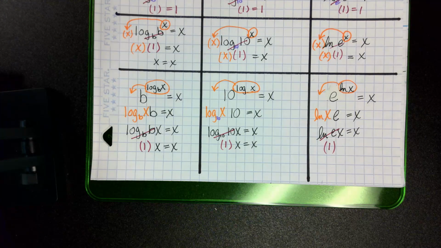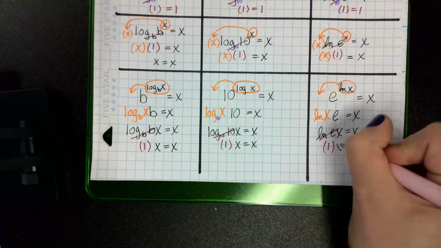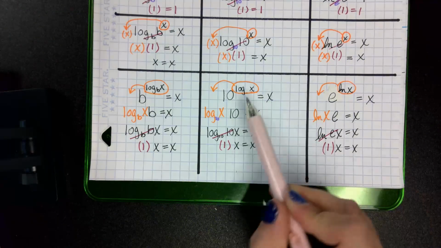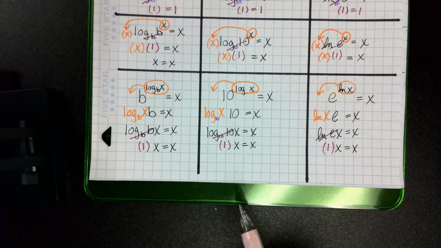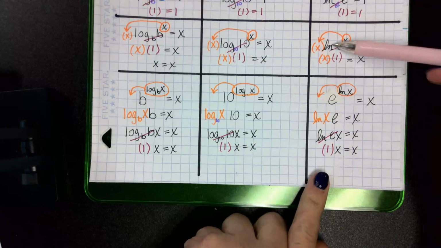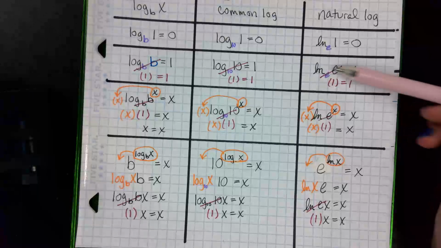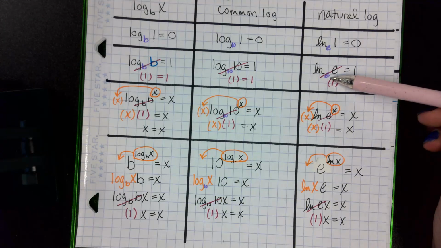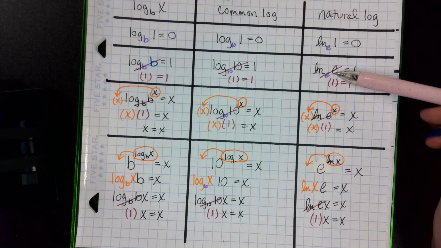What's the exponent for the middle one? The log? Log of x. Oh, so there's nothing. Why do we cross out the L and EX? The natural log of e, because ln of e, come back up here, the base of the natural log is e. So we have base e of e.